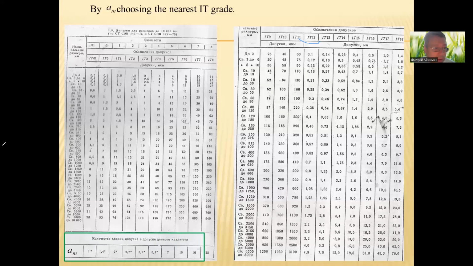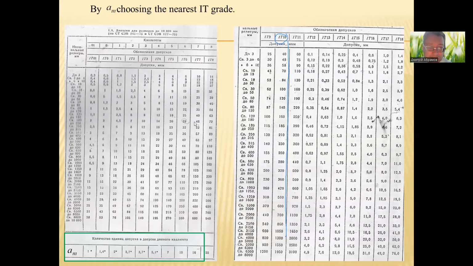Where is our IT grade? IT10. So we use this column to choose the tolerance field of each link.